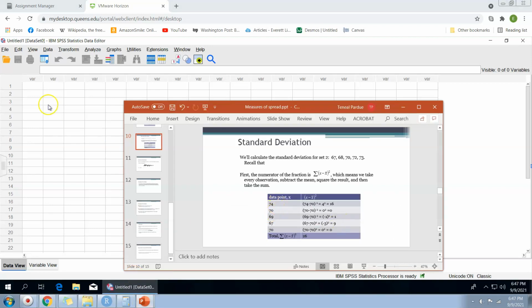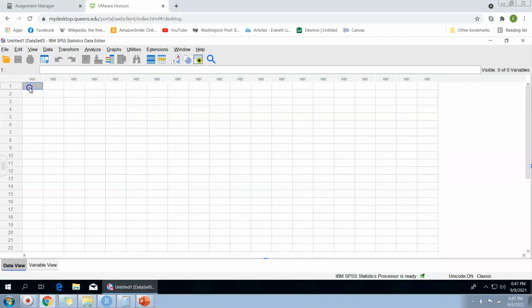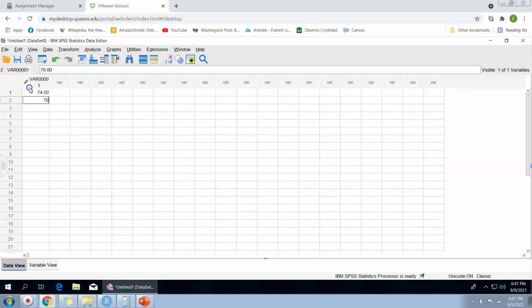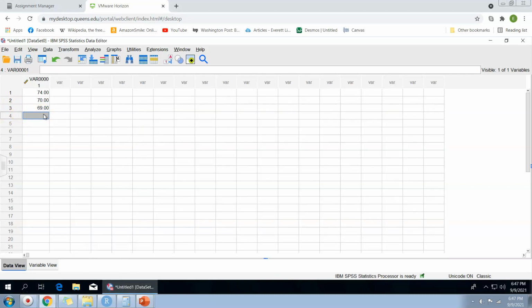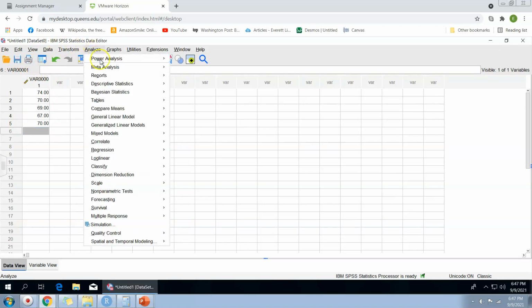So I'm just going to go to data view and start typing my data set. 74, 70, 69, and then 67 and 70. And if we want to get the standard deviation and the variance and the range, we've actually done this before. We're just going to use the same explore function we used before.